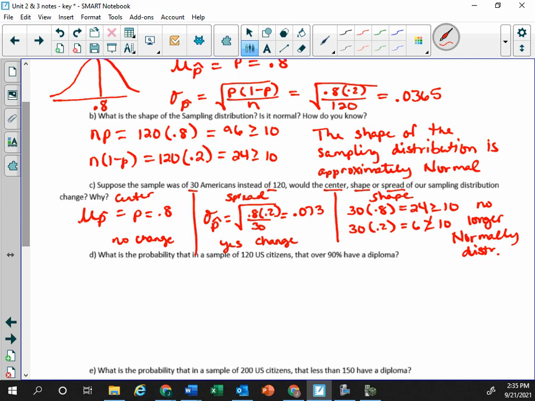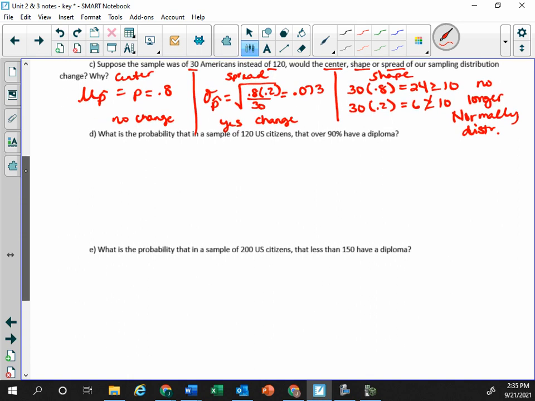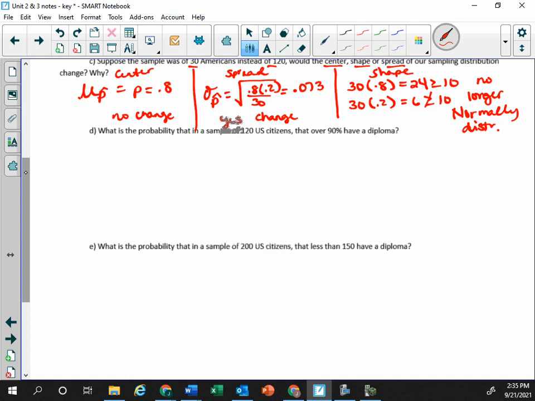All right. Let's try D. What is the probability that, we're back to our sample of 120 U.S. citizens, that over 90% have a diploma? Sketch what we're talking about first. So we sketch our picture. Where is the center of this proportion that we're talking about? Where is P, capital P?